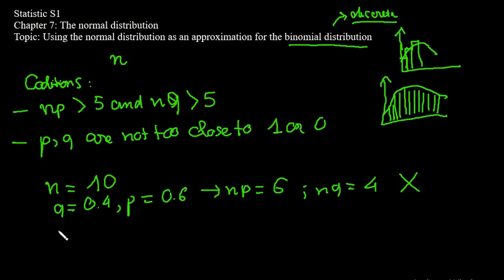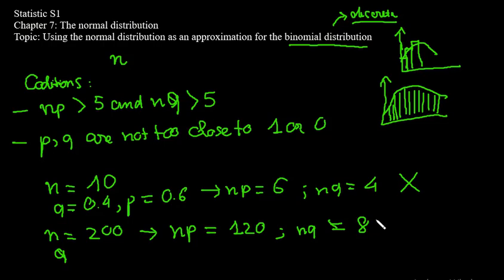If we have a larger sample and the same p and q, say n equal to 200, with the same probabilities for p and q, my new np equals 120 and my nq equals 80. Both of them are greater than 5. So in this case, we can use the normal distribution as an approximation for the binomial distribution.